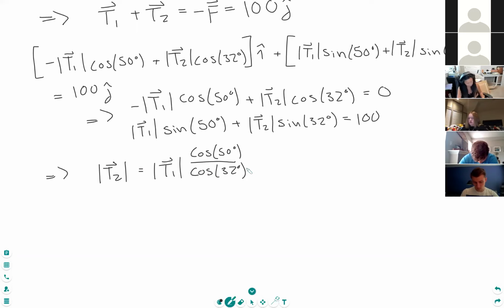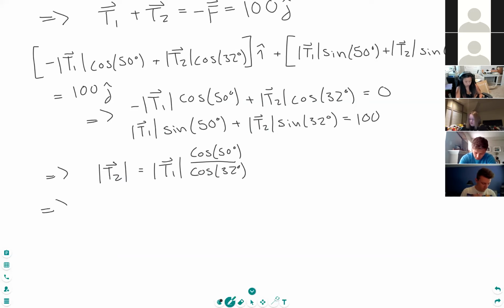That's just from our first equation here. We just move over this term from the negative, and then we're solving for T2, so we divide by our cosine. Okay, well, now that I have the magnitude of T2, I'm going to plug that into my second expression here.